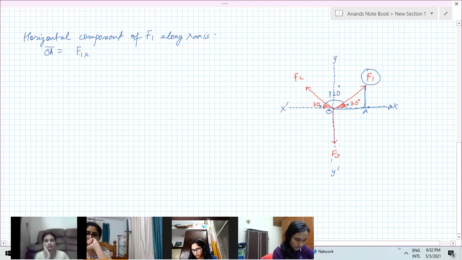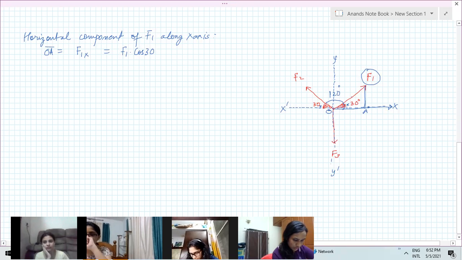So how will you calculate that F1x? It will be F1 into cos 30. It is important that you understand this. Always find the angle between the force and the axis, because sometimes we get confused whether it is cos 30 or sine 30.